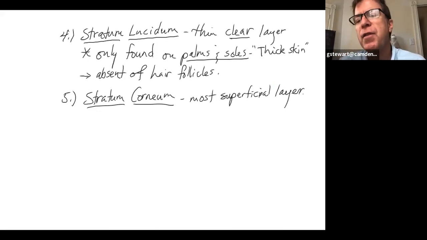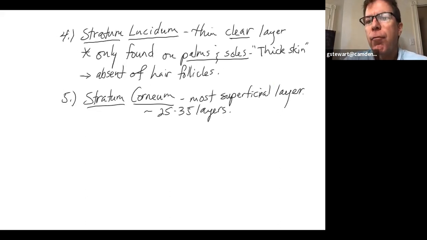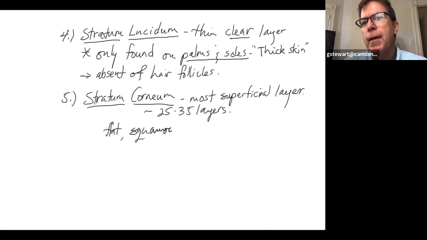It's typically, these are rough numbers, 25 to 35 cell layers thick. We have basically flat, squamous, dead cells that have very tight junctions between them.